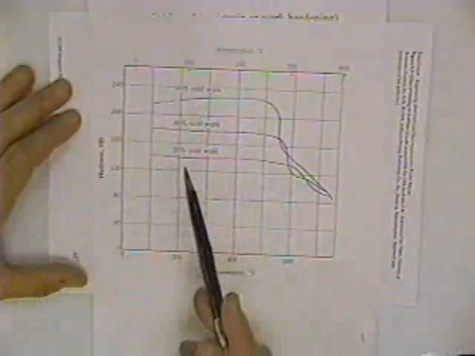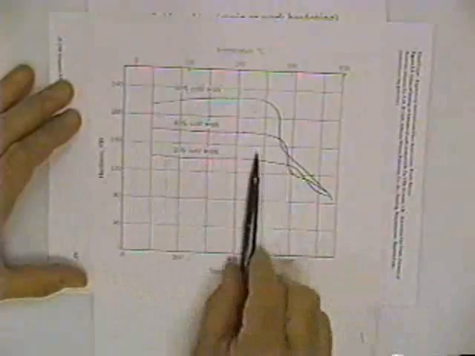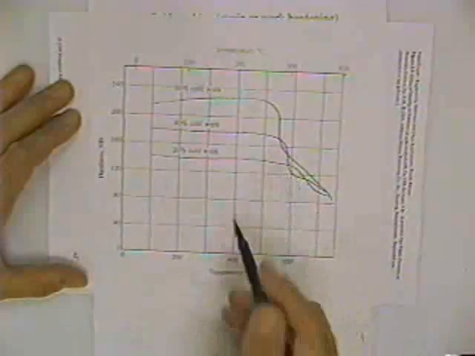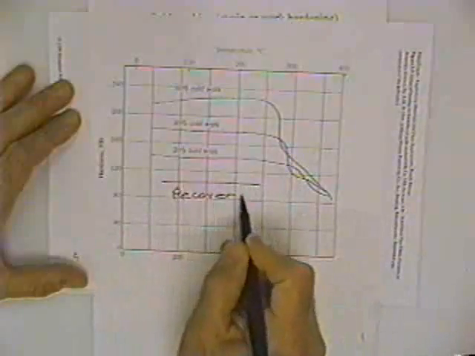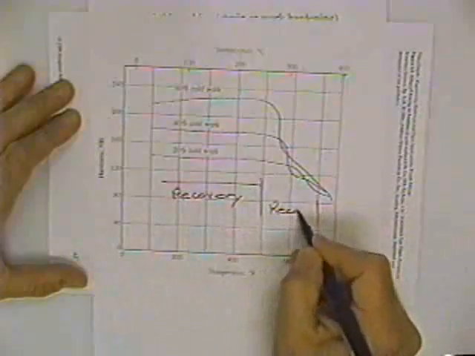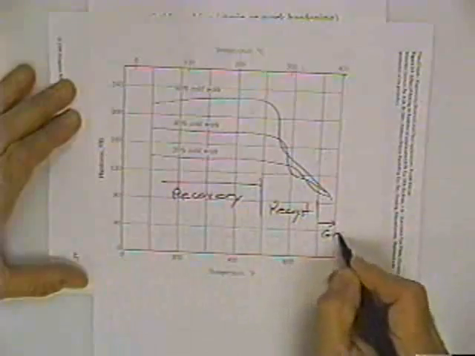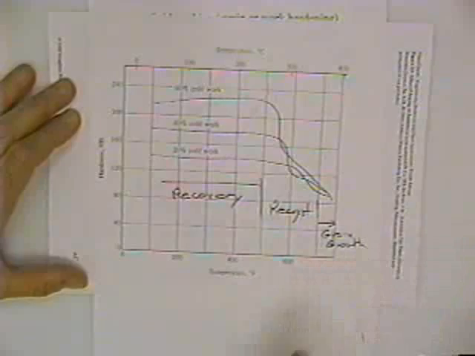Provides more energy, it's a little easier for the process to get started. And so this is going to be recovery, this is going to be recrystallization, and this over here is going to be grain growth.